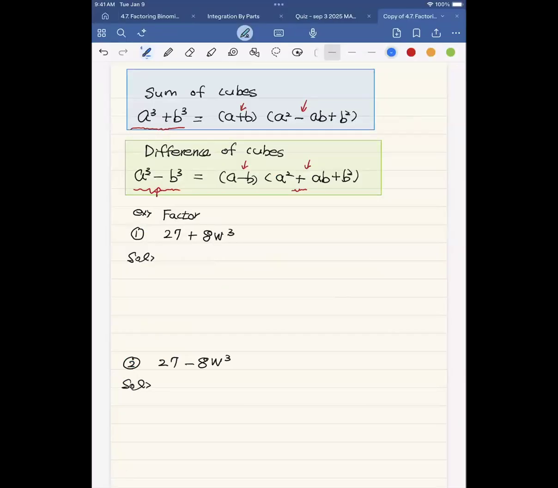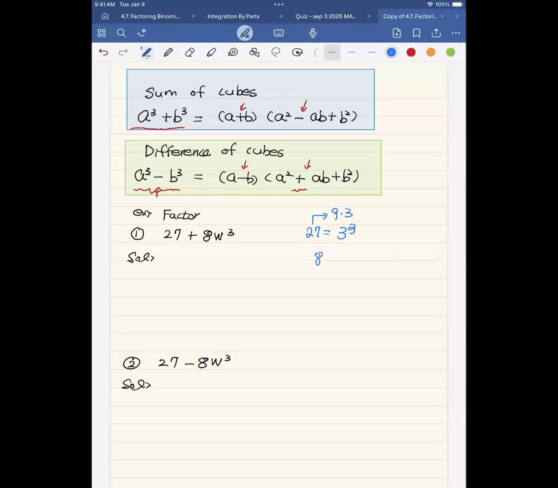Now we want to work out the problems that use sum of cubes and difference of cubes. In the first binomial, we know 27 equals 3 cubed, because 27 is 9 times 3.